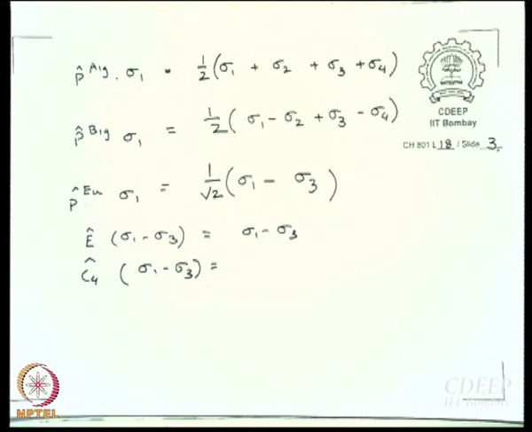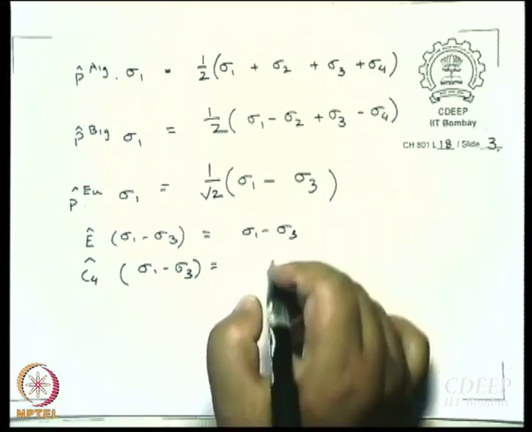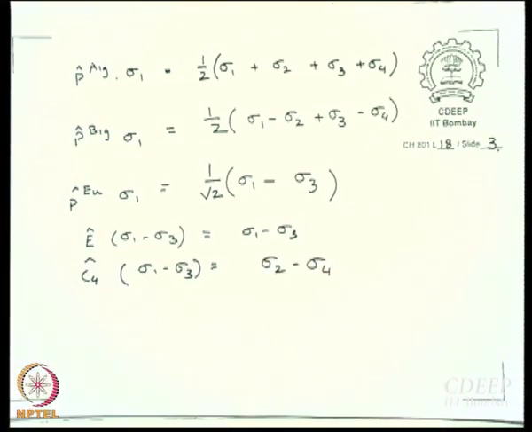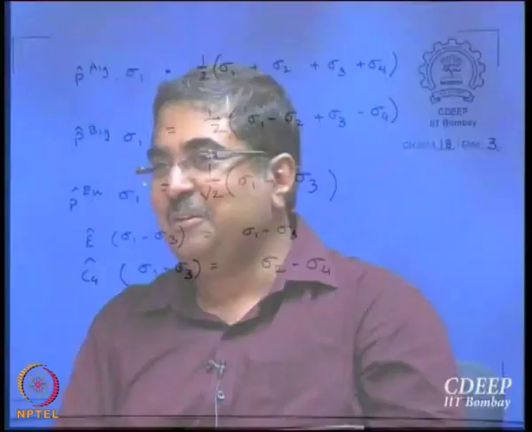Sigma 2 minus sigma 4. And Rahul, are sigma 1 minus sigma 3 and sigma 2 minus sigma 4 orthonormal or not? So this could be a SALC. Yes, it does not matter, it is just negative. It is just plus x and minus x. It is up to you.